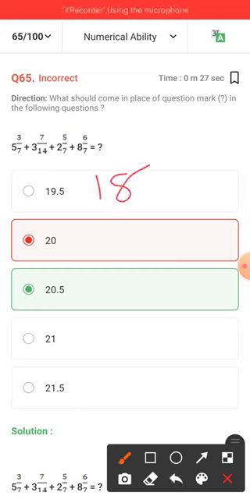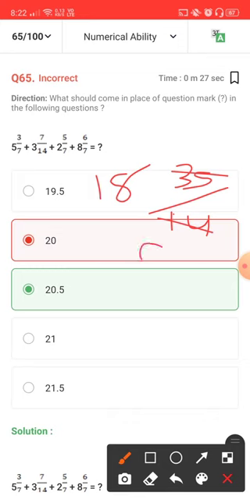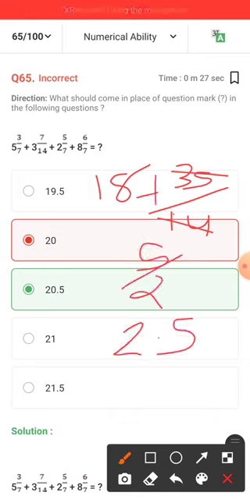We get 18. Then add these fractions. So we can make every base 14. Then it is like 6 plus 1, 13. 13 plus 10, 23. 23 plus 12, 35. 35 by 14, that is like 5 by 2. It is 2.5. 18 plus 2.5, 20.5.